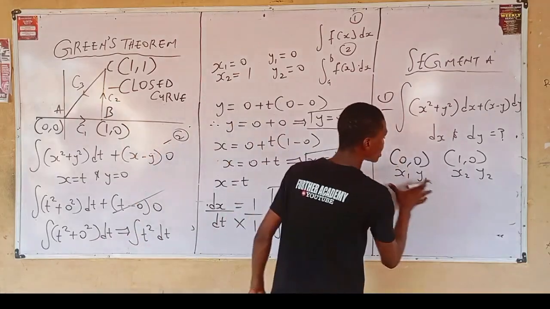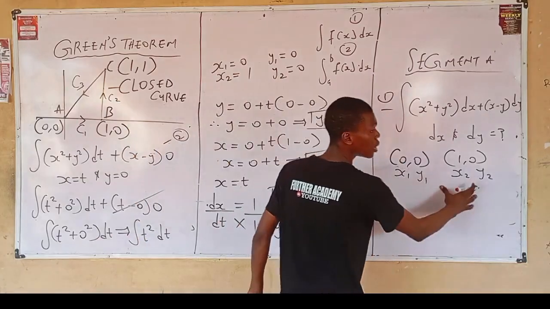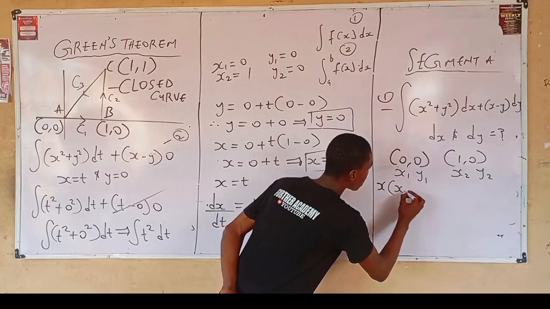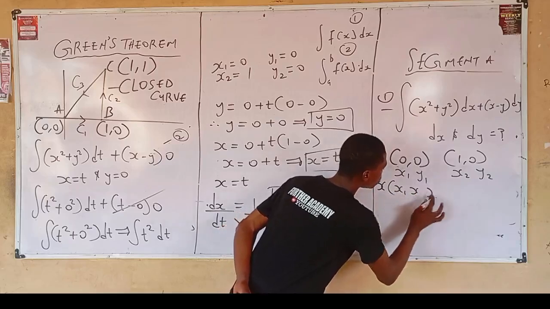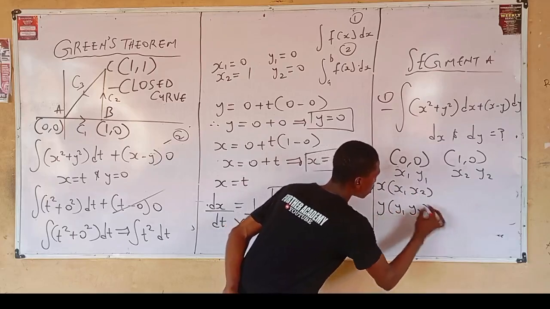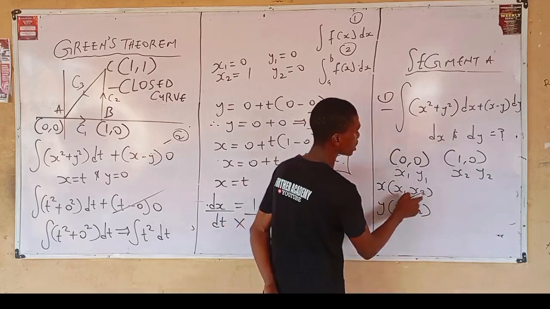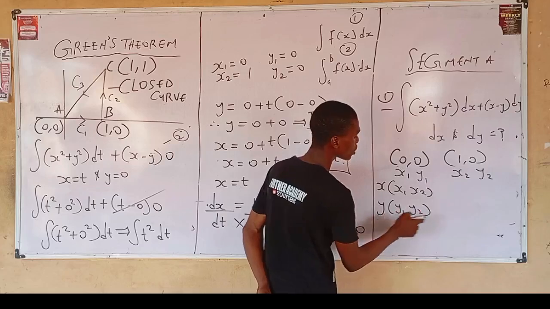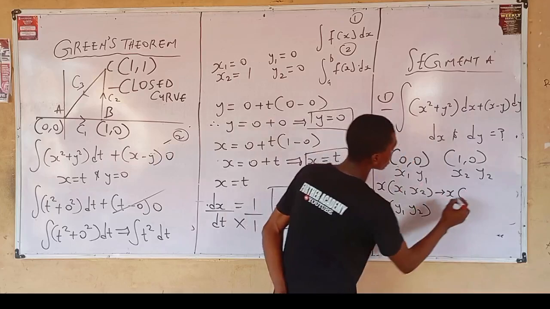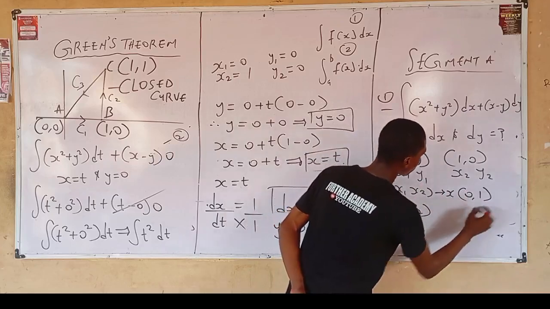Now, from here, I'm having x and y. Let's group it by saying x, all into brackets, x1, x2, and y, all into brackets, y1, y2. Substitute x1 and x2, similarly y1 and y2. X becomes 0, comma 1.